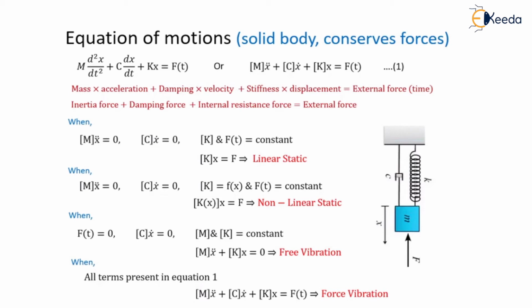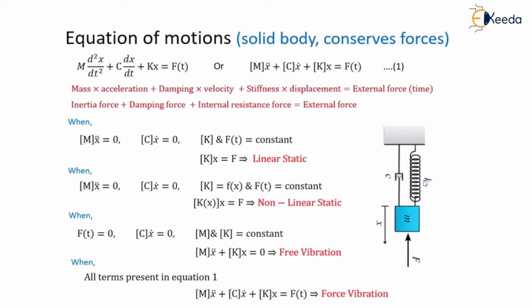First, m d2x by dt square is the inertia force due to the body, c dx by dt is the damping force, and kx is the internal resistance force, equal to the external force.